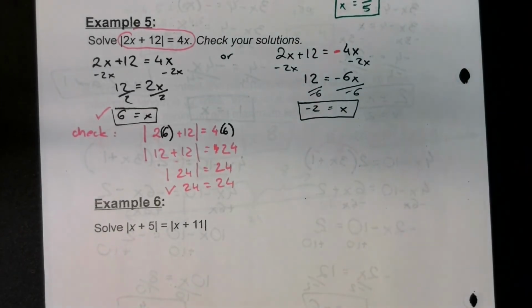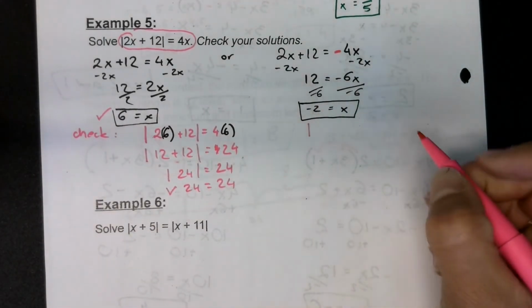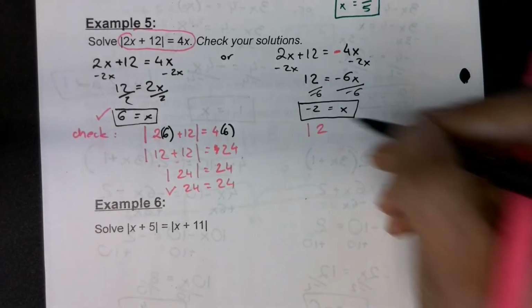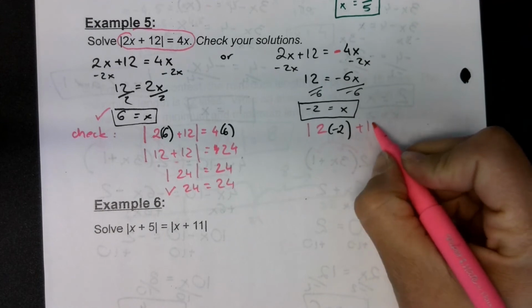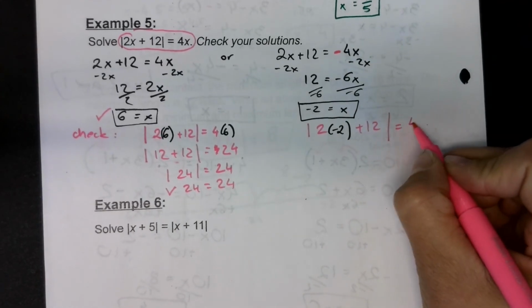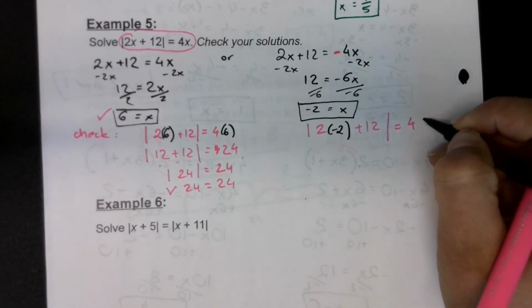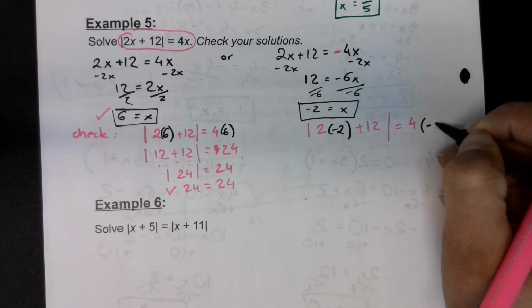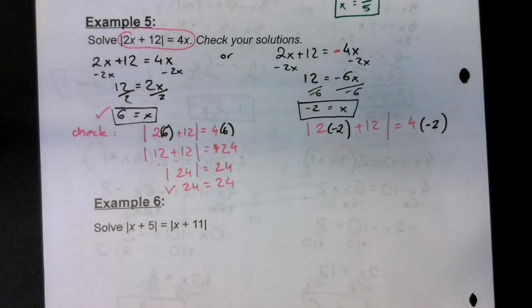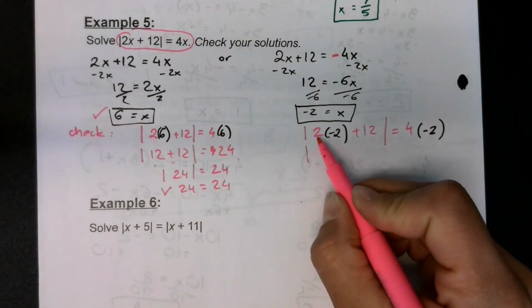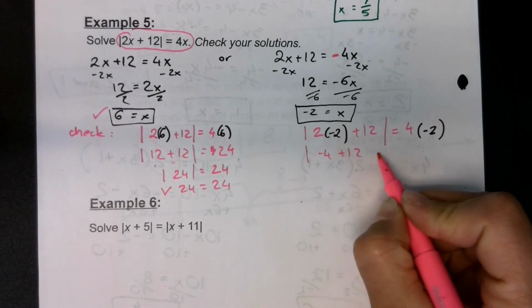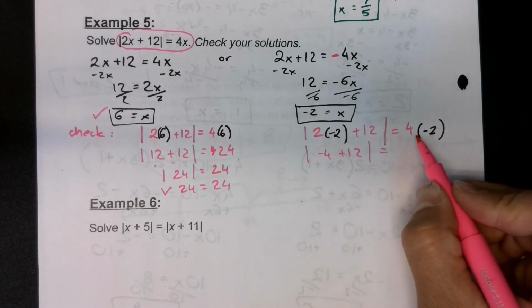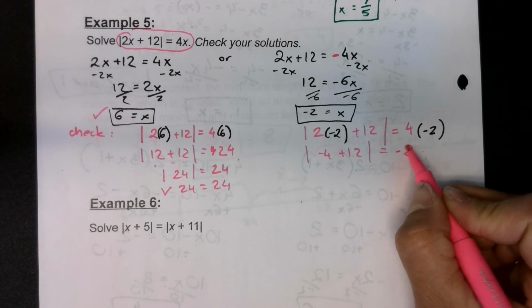Now the second one. So absolute value of 2, but now our x is negative 2, plus 12 equals 4 times negative 2. All right, so let's simplify it. 2 times negative 2 is negative 4, plus 12. 4 times negative 2 is negative 8.